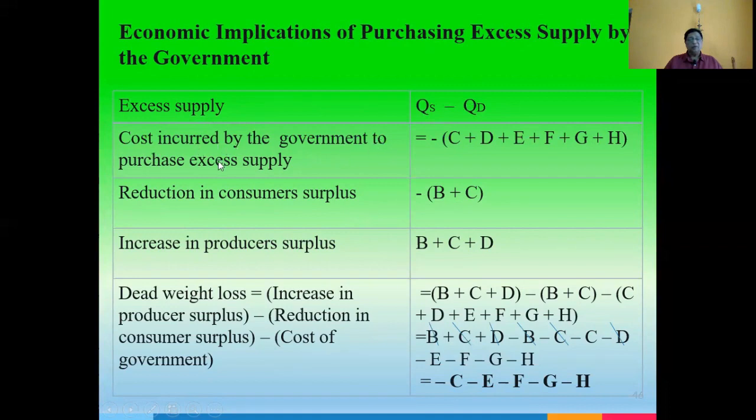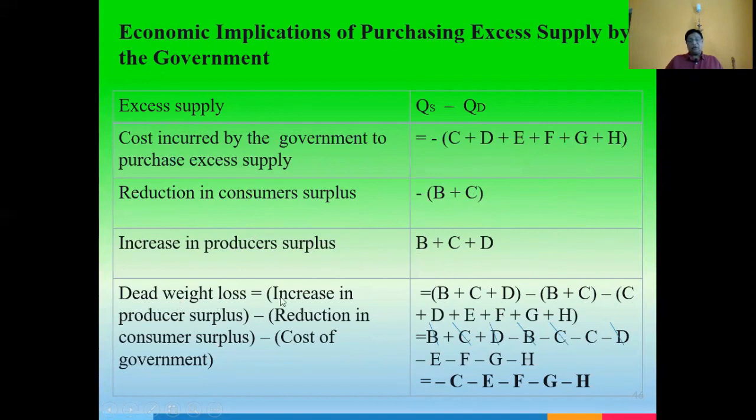Then the cost incurred by the government to purchase excess supply, due to cost, is denoted by minus sign: minus C, D, E, F, G, H. Then reduction in consumer surplus, that is very straightforward, minus B minus C. But increase in producer surplus is given by the area of B, C, D. You can see this extra cost for the government, this is also a cost for the consumers, but this is the benefit for the producers, increase in producer surplus.